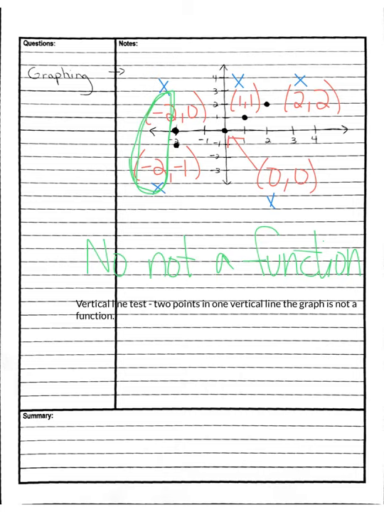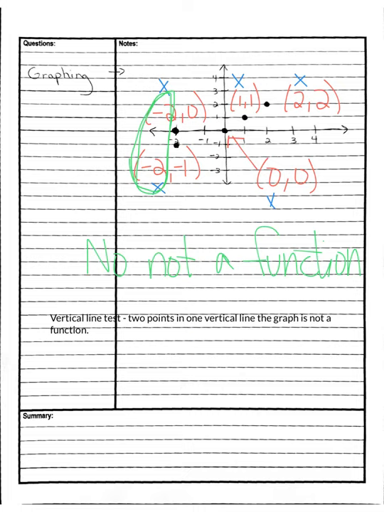And the reason the graph would not be a function is because that means that you have 2 x values. Look at this vertical line right here. That means that your x's are not all different. Remember, we want every x value to be different.